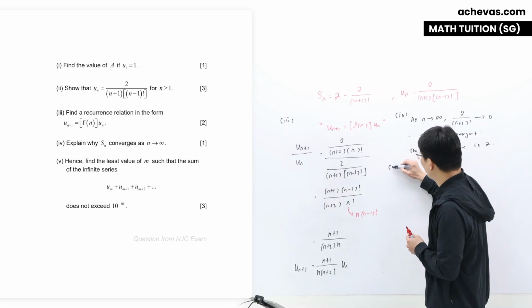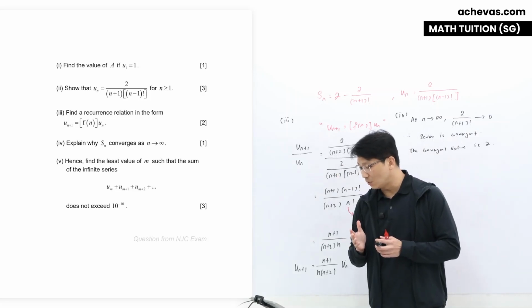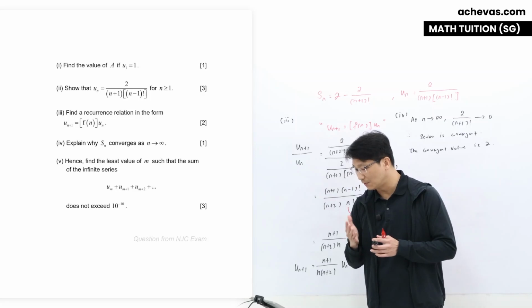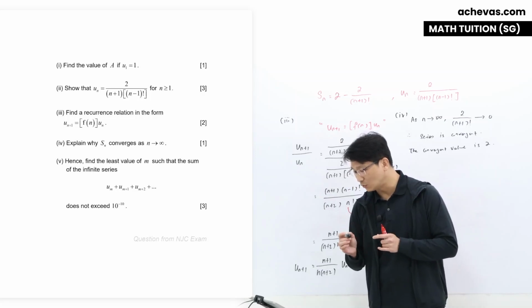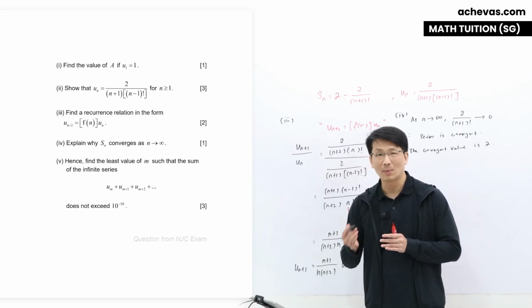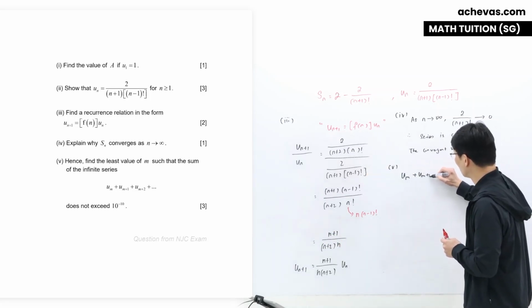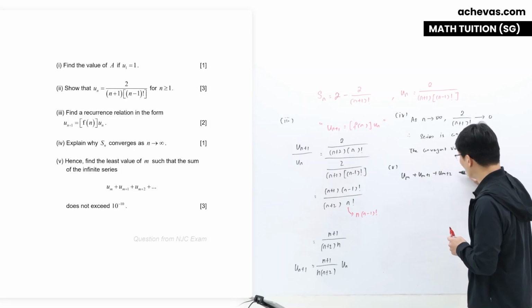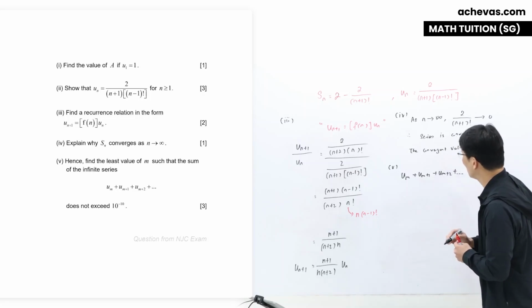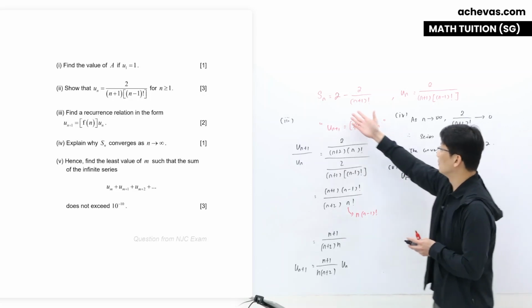For part 5, we are asked to hence find the least value of m such that the sum of this infinite series, u(m+1) plus u(m+2), doesn't exceed 10 to the power minus 10. So for u(m+1) plus u(m+2) all the way until infinity, we probably need to use the expression given here.